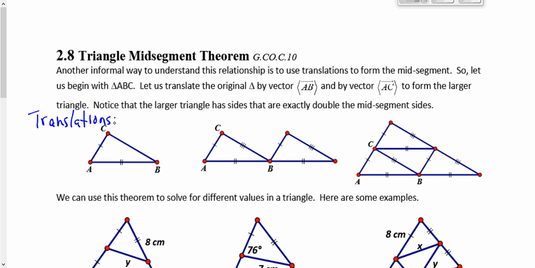When you get done with them, the corresponding sides are what? Congruent and also parallel, right? And the angles are what? Corresponding angles congruent, okay? So keep that in mind. So let's take this triangle here, okay?